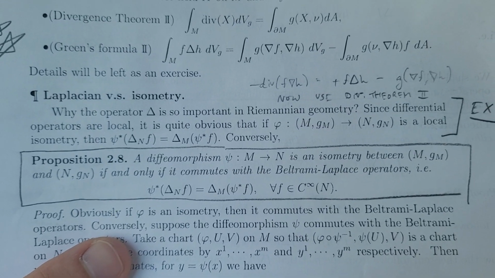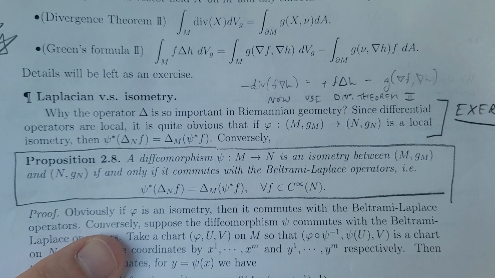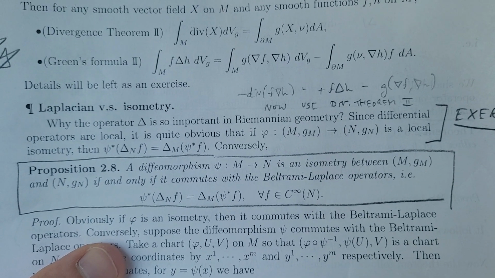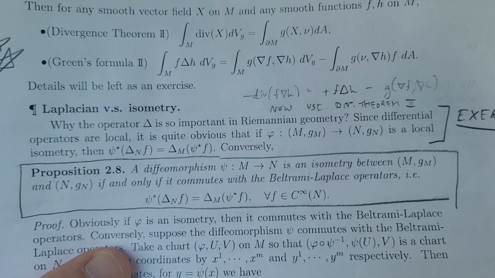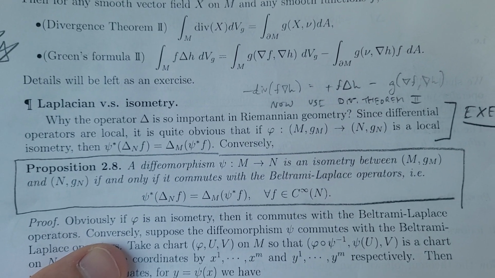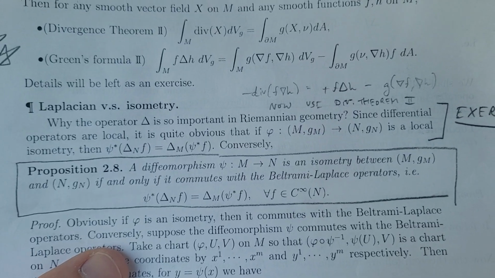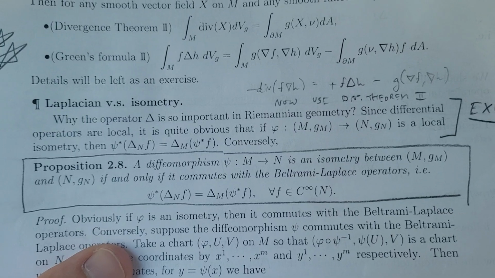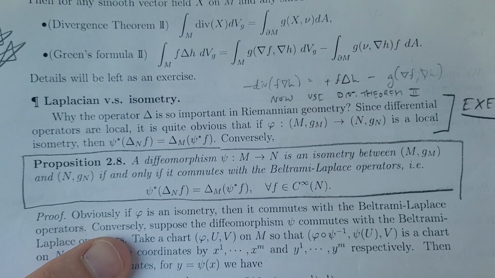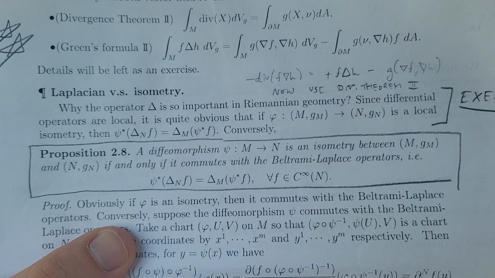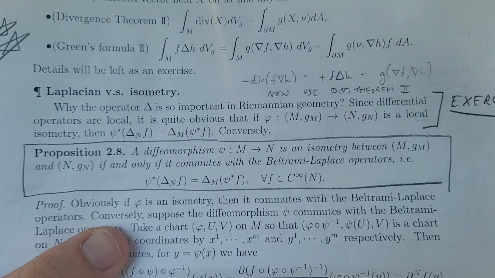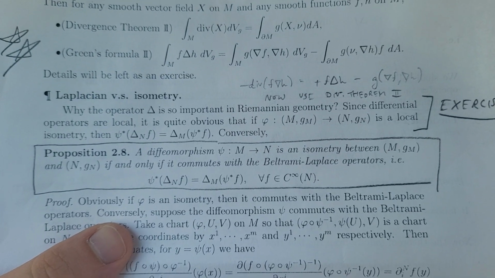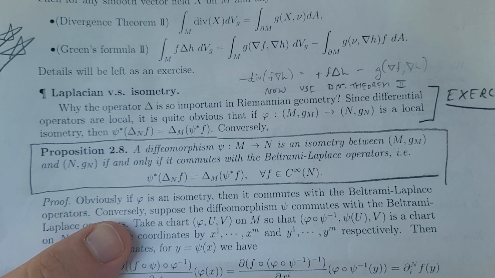A diffeomorphism psi from M to N is an isometry between (M, g_M) and (N, g_N) if and only if it commutes with the Laplace-Beltrami operators, i.e. the pullback under psi of the Laplacian of f with respect to N is equal to the Laplacian with respect to M of the pullback of f under psi for every f within the smooth functions on N. So basically, a diffeomorphism is an isometry if and only if it commutes with the Laplace-Beltrami operators.